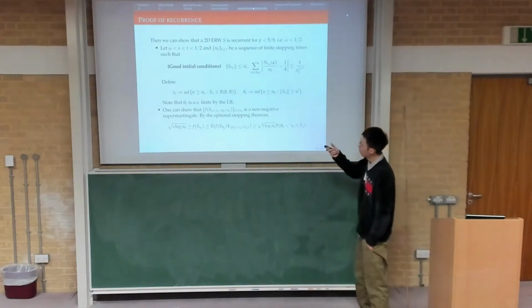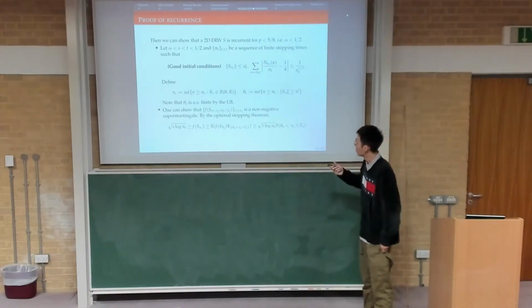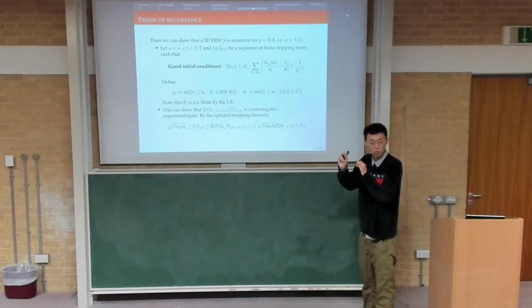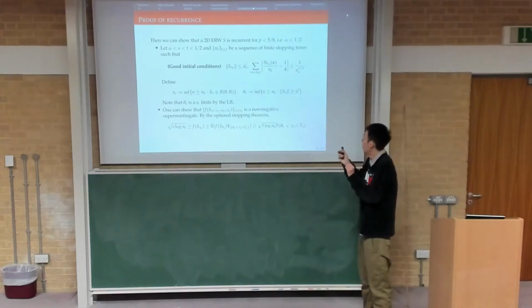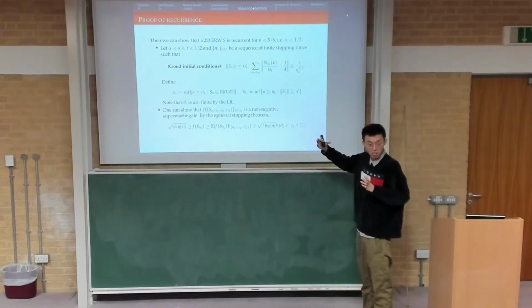Then starting from time nk, we now define tau k to be the first time you return to a fixed ball, and theta k to be the first time you go out, reaching the boundary of the growing ball of n to the t.